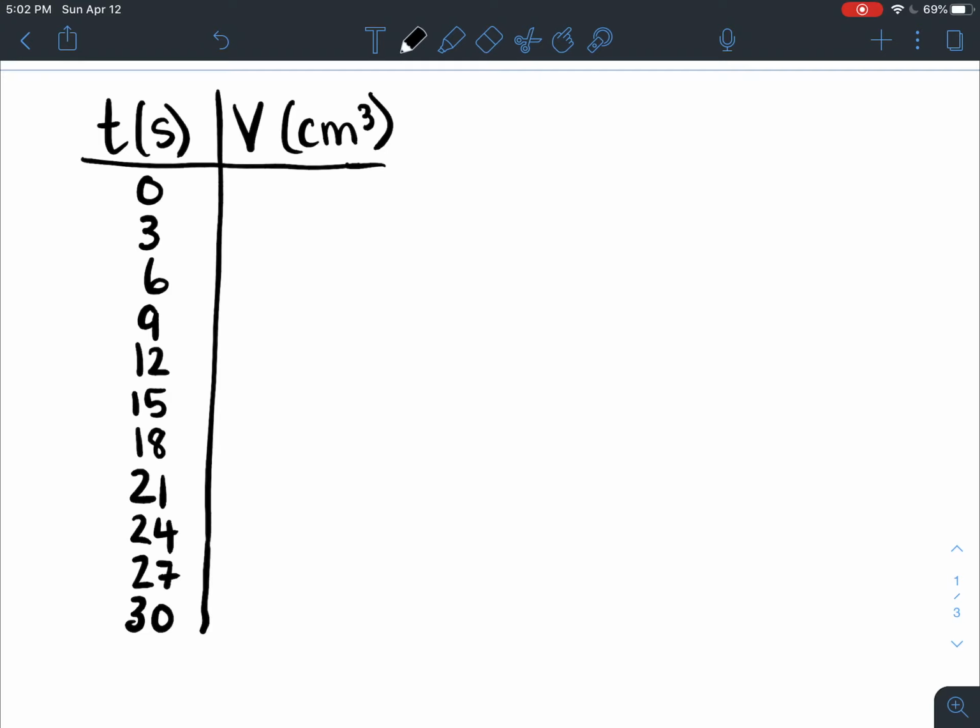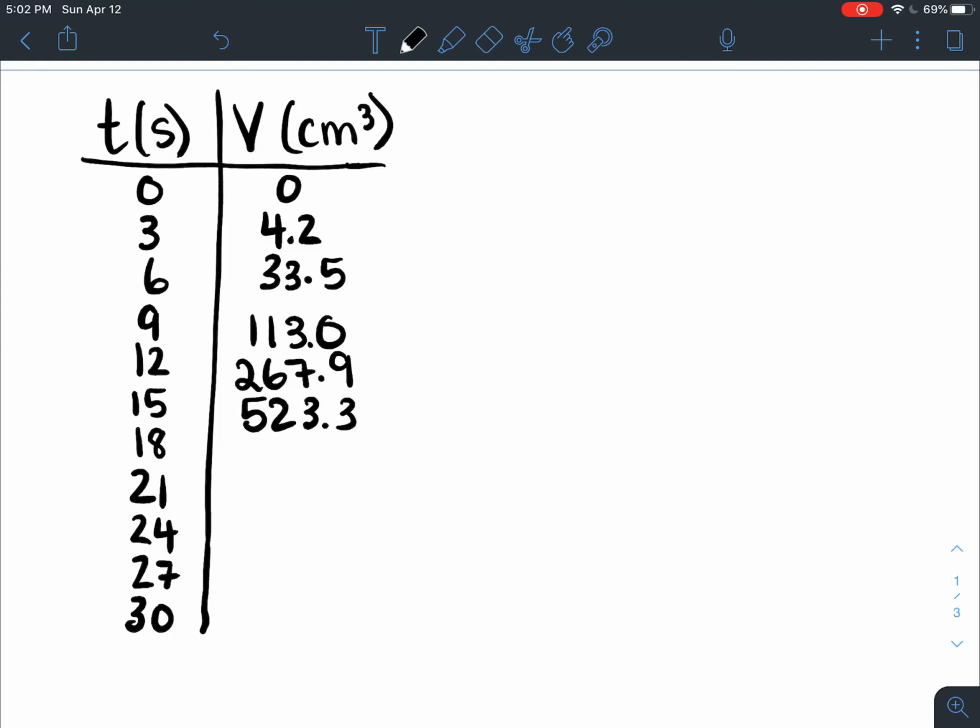We collected all this data filling up balloons. If you're on a computer right now or on an iPad, you could try Desmos-ing this data and check out what the graph would look like. Especially if you're bored watching me write all this stuff.